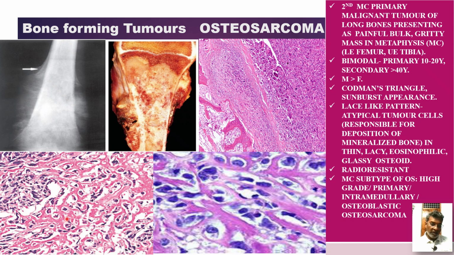And around them there is thin, lacy, eosinophilic, glassy osteoid. So the tumor cells are present within this osteoid. This is one more picture showing more zoom, high magnification. You can see the tumor cells, and this is osteoid.